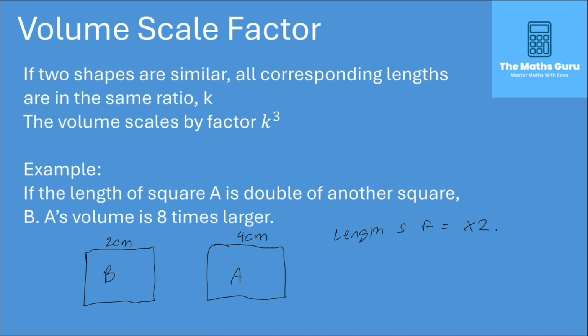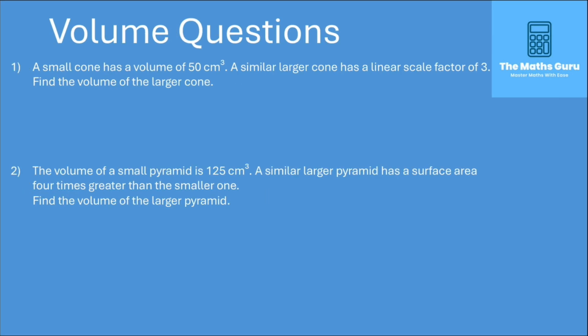Now our area scale factor would be times by 2 squared, as we mentioned in the previous slides, which is times by 4. Our volume scale factor will be equal to times by 2 cubed, which is times by 8. So say the volume here is equal to 16 centimeters cubed. Our volume here would be equal to 16 times by 8, which is equal to 128 centimeters cubed.